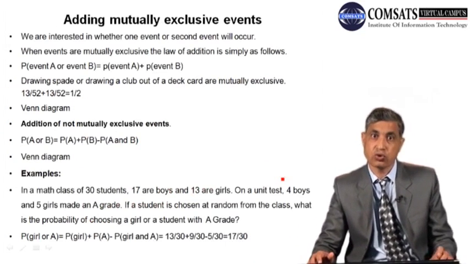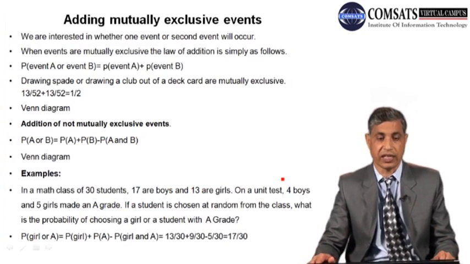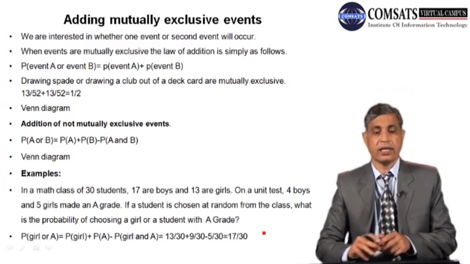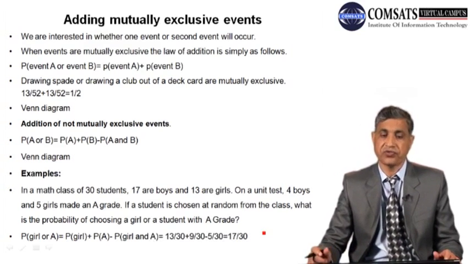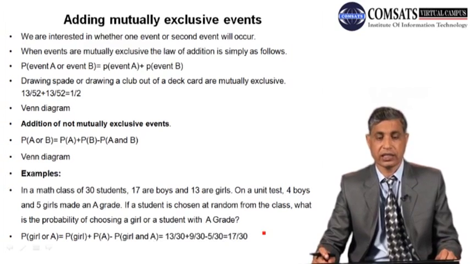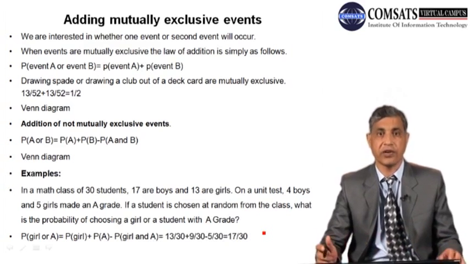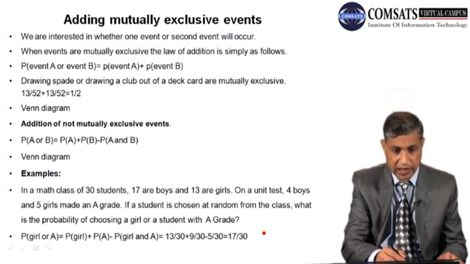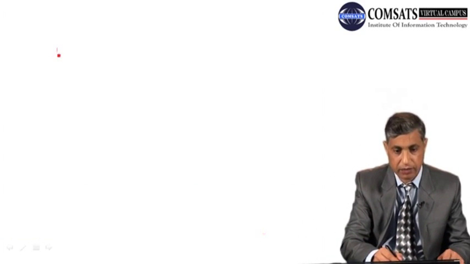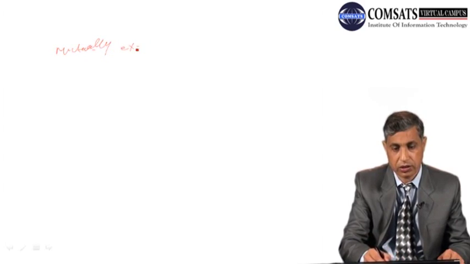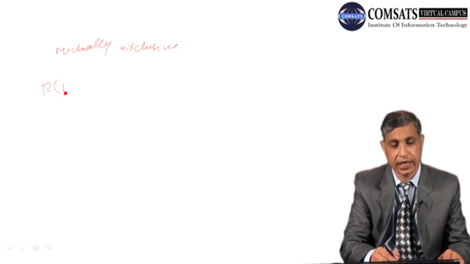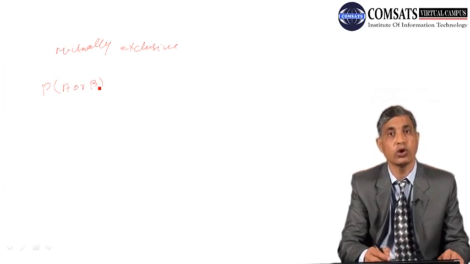Now our concern is to add the probabilities of these events. So how can we add mutually exclusive events? It is very simple. When the two events are mutually exclusive, we simply add the probabilities of both the events. For example, suppose the events are mutually exclusive, and I ask what is the probability of event A or event B, supposing there are only two events.